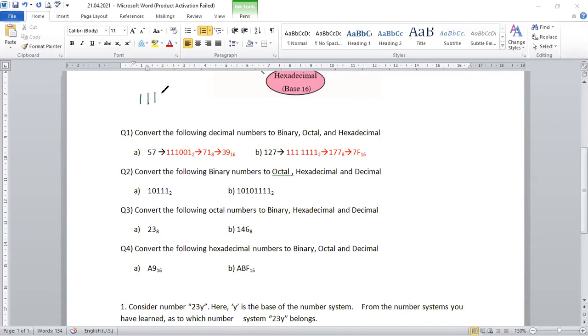Sir, can we convert octal into hexadecimal? Yes. What you can do? You can take the octal number and you can take the binary value of that and you can convert to hexadecimal. Okay, okay, sir. Thank you.